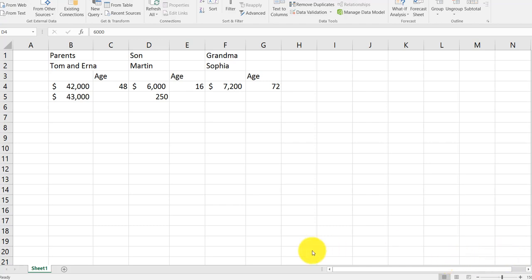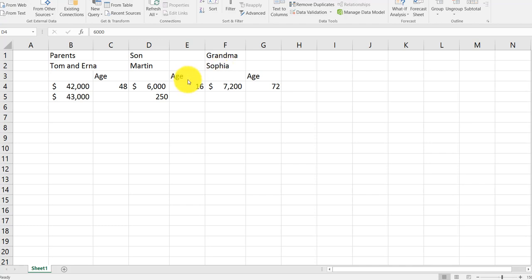So our example here, we're going to have Tom and Erna. We're going to label them the parents. They have a son, Martin, and they have, let's just say that it's Tom's parent, mother, grandma, if you will, Sophia, and they all live in the same household.